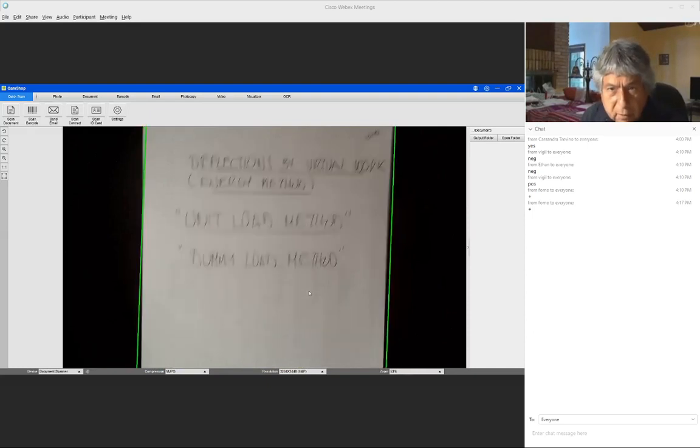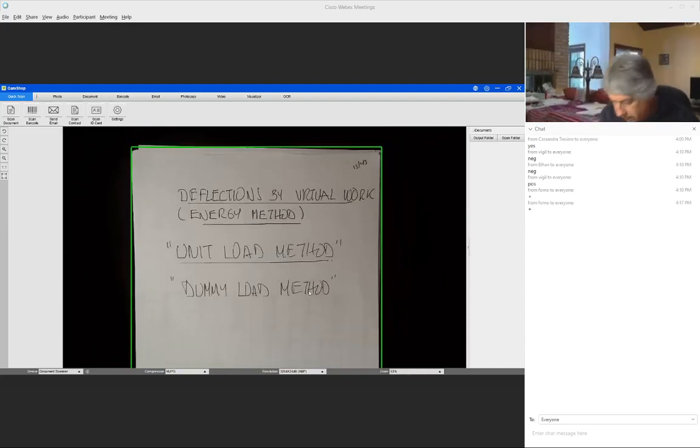This is on page 13. The method is called virtual work. It's an energy method, but it is also known as the unit load method because we place unit loads at a location whenever we have to compute deflection.